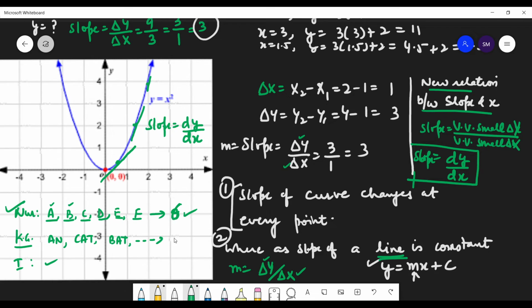The next 6 months, assume yourself in KG. And the next 12 months, you can assume you are in first and second class and you will start enjoying. So here also, after some days, you will start enjoying.